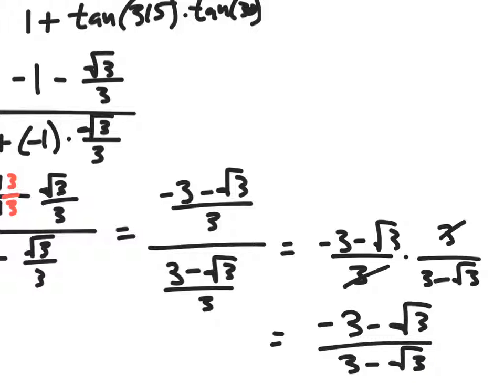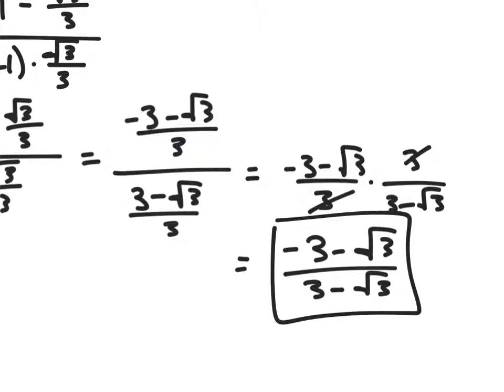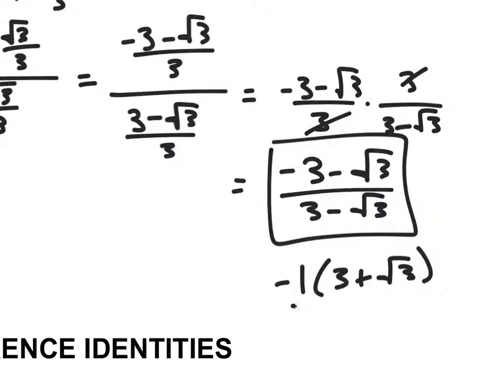You may think that you could divide things out and get 1 out of this, but you can't. If I factor out a negative 1 from the top, I'm left with 3 plus the square root of 3. If I factor out a negative 1 from the bottom, I get negative 3 plus the square root of 3. And they're opposites. It's kind of funky, but you want to just stop here.